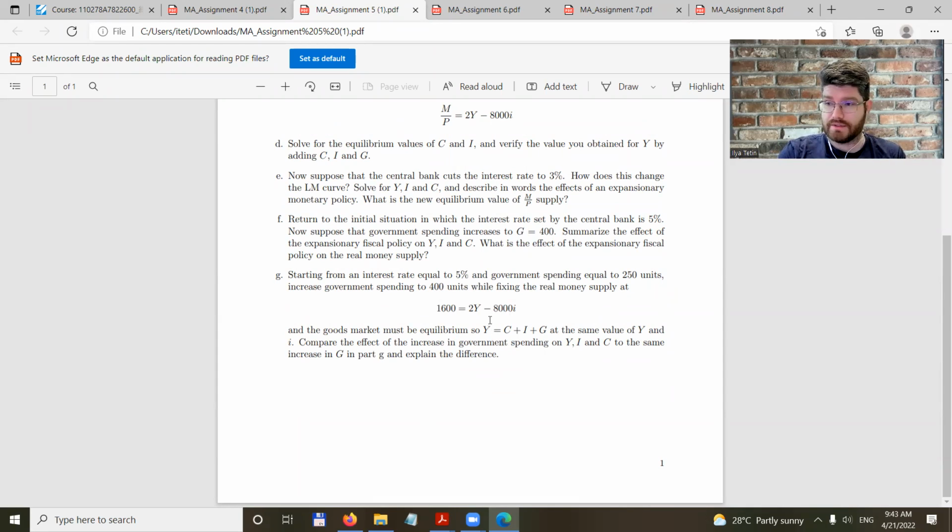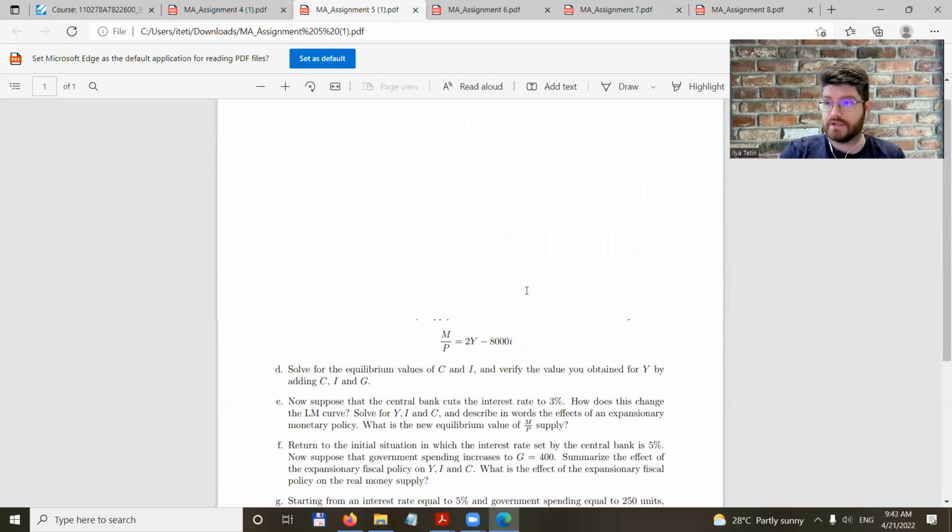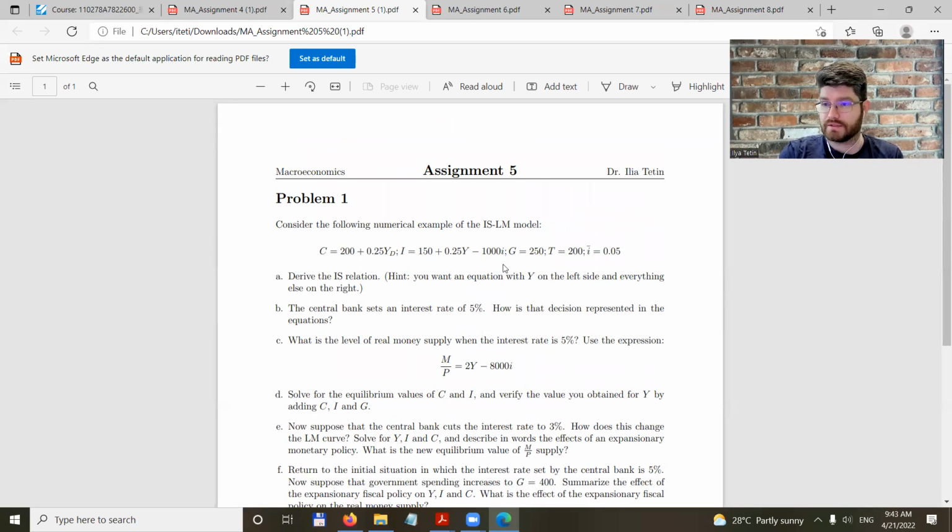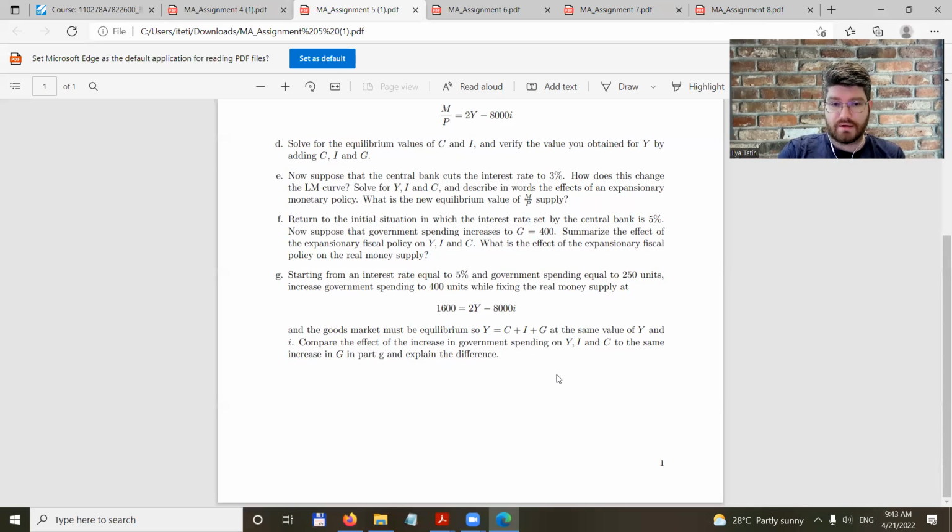Okay, and there's the goods market equilibrium. So we start with the goods market equilibrium. We implement the values. Y equals 200 plus 0.25 Y minus 200 plus 150 plus 0.25 Y minus 1000i, plus 400.